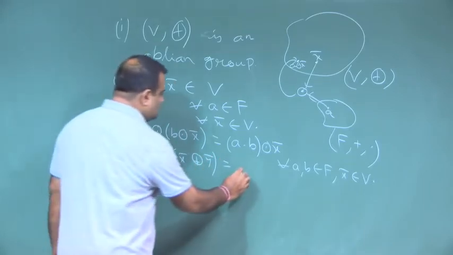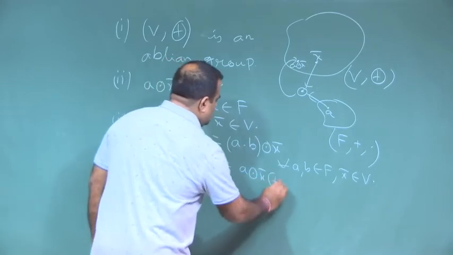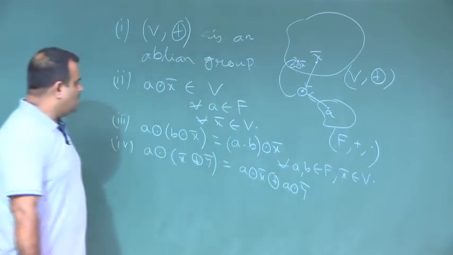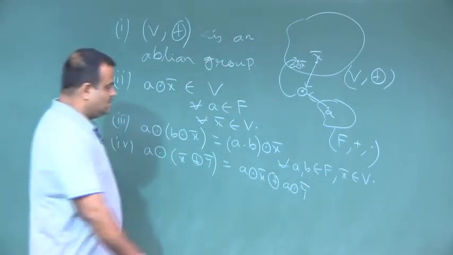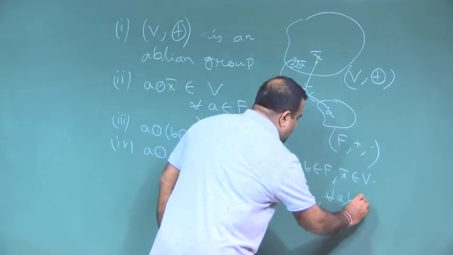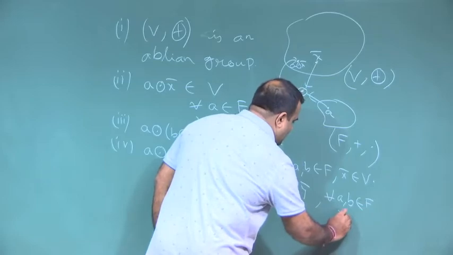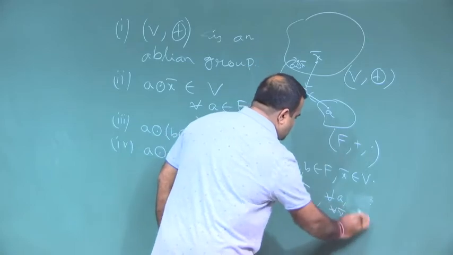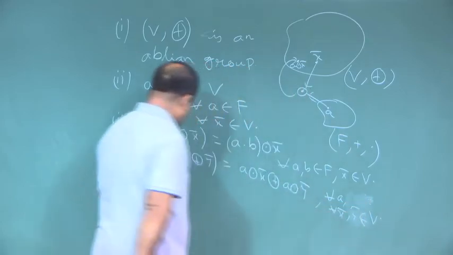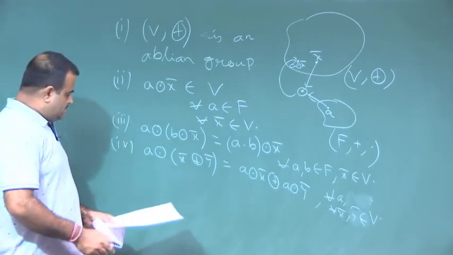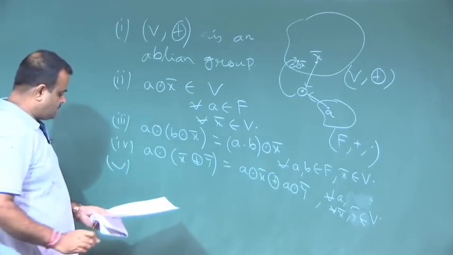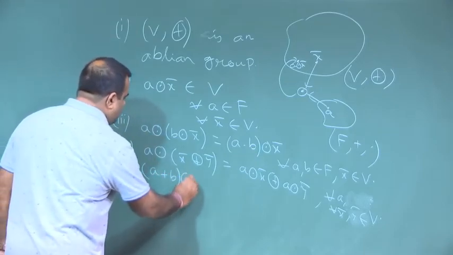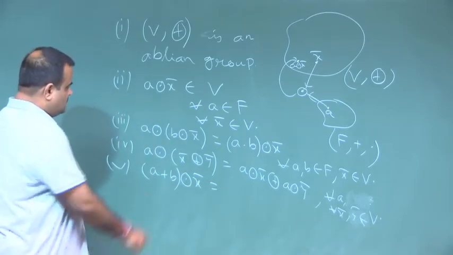This should be equal to A operate with X, plus A operate with Y, and this must be true for all X, Y and A. This must be true for all A belongs to F and all X, Y belongs to V. Now, another property is, say (A plus B) operate with some vector X. This is the field plus.